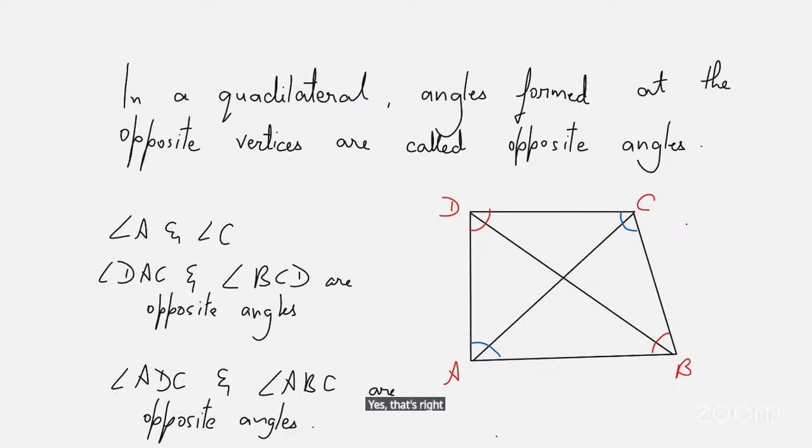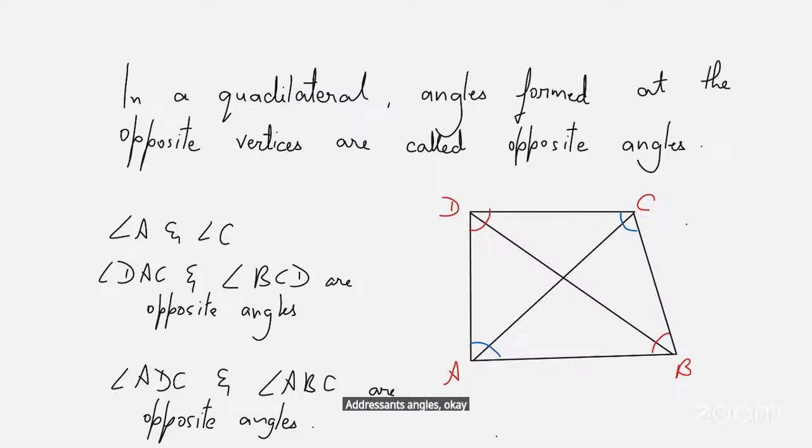Now, some angles that are formed on the same side, or have a side common, are called adjacent angles.